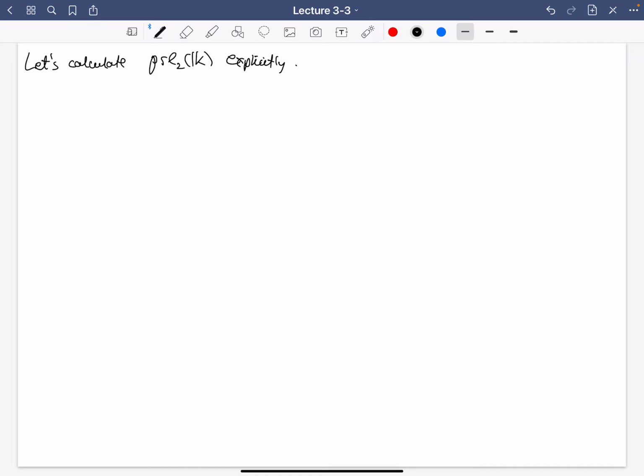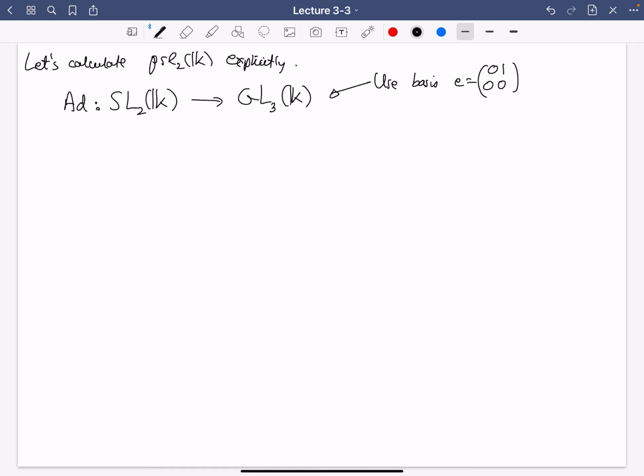You might not want to calculate them because I've got to work with matrices, but we need to understand this adjoint representation from SL2 of K to the general linear group GL of the Lie algebra. So I'm going to pick a basis now for the Lie algebra SL2, that's 2 by 2 trace 0 matrices, and I'm going to use this basis E, H, and F.